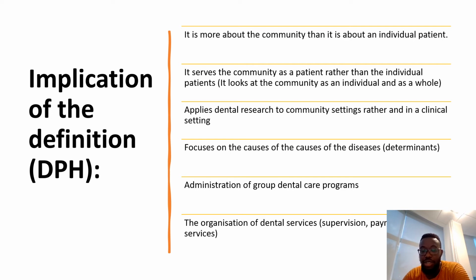So there we're talking about the determinants of oral health. When you're talking about the determinants of health or the causes of oral health problems, we are now looking beyond the clinical causes. Say we're talking about periodontal diseases. We're looking beyond dental plaque.